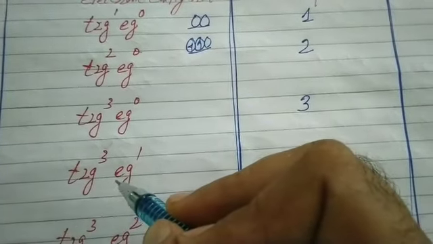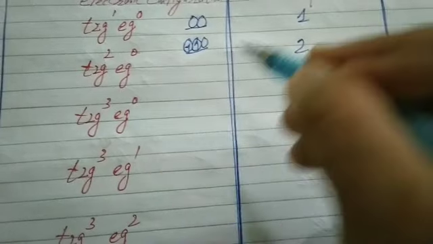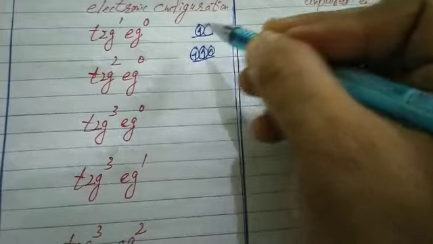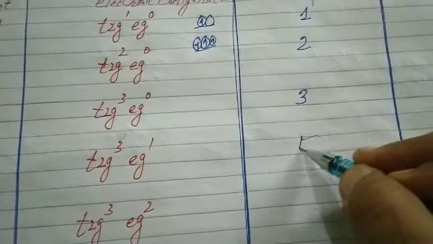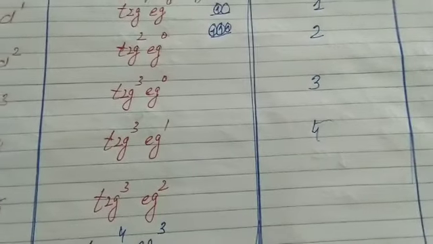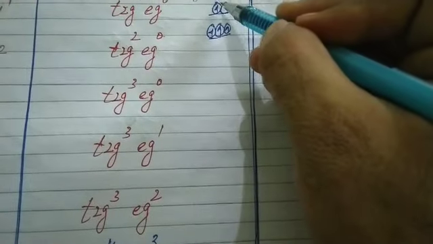Next, students, t2g3 and eg1. How many unpaired electrons are in the complex? 4. Next, t2g3 and eg2, it means maximum, that is 5.